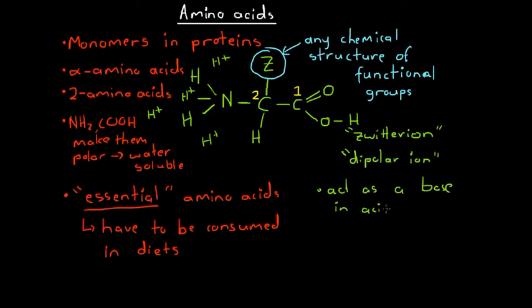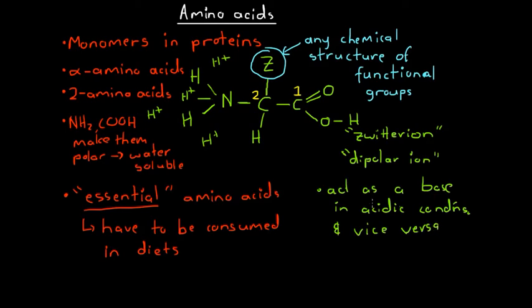Obviously vice versa, if we're in basic conditions, then there are very few hydrogen atoms floating around in our basic solution, and that means the amino acid is very likely to donate its hydrogen atom into the solution so that the solution has more hydrogens or hydrogen nuclei floating around. So in the same way, and vice versa, it will act as an acid in basic conditions. So that's very important.